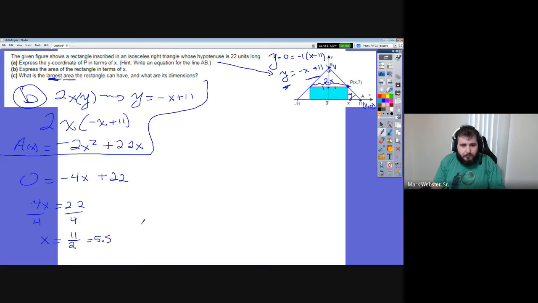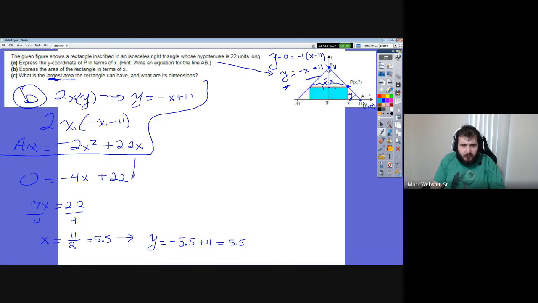Whatever helps you. And if x is 5.5, what's y going to be? Negative x plus 11, which is also 5.5.